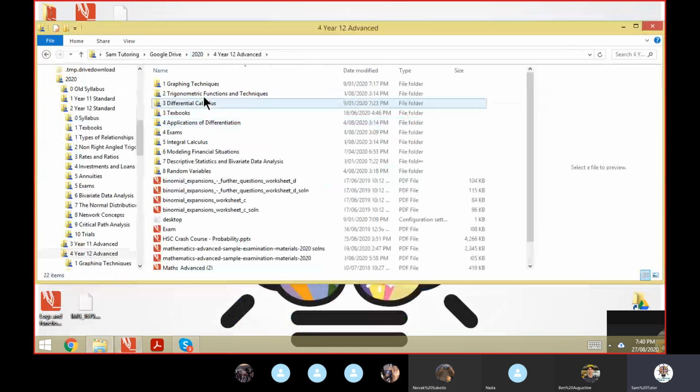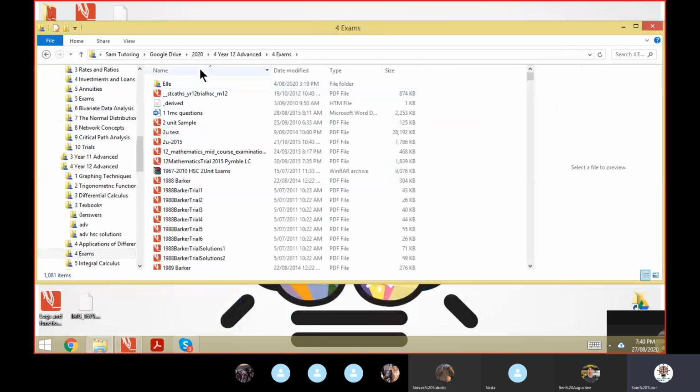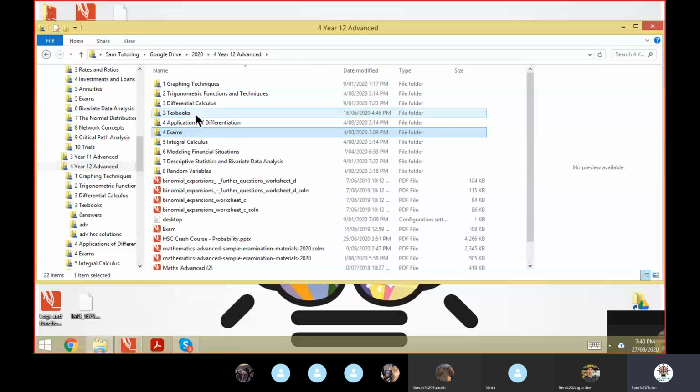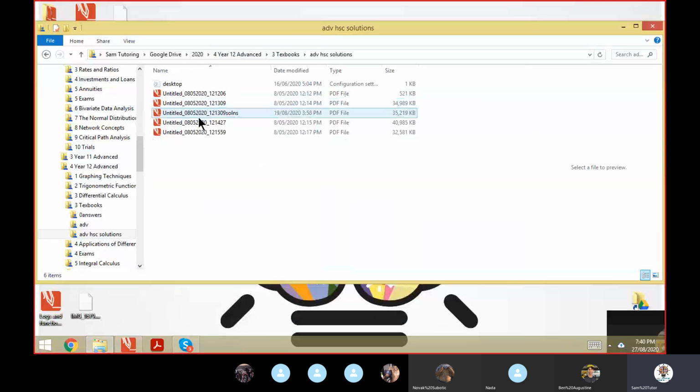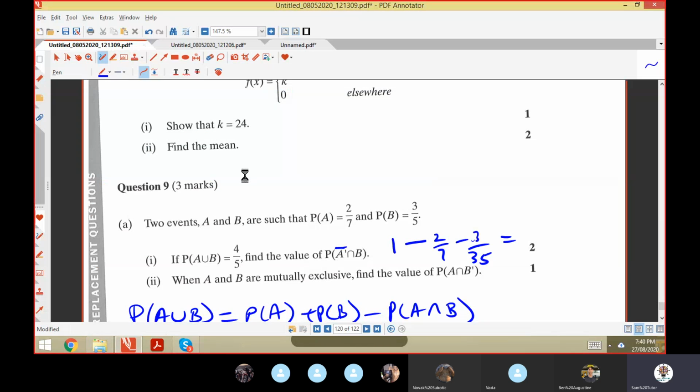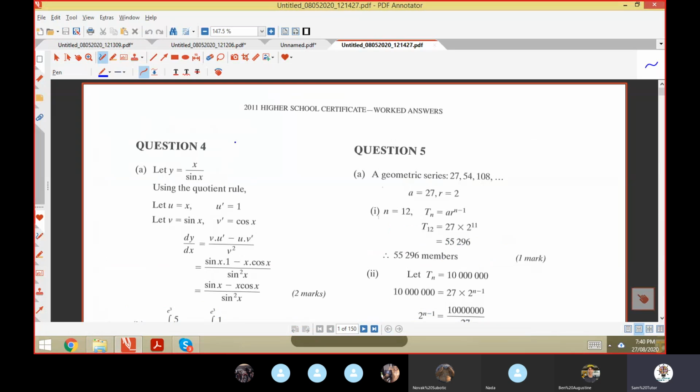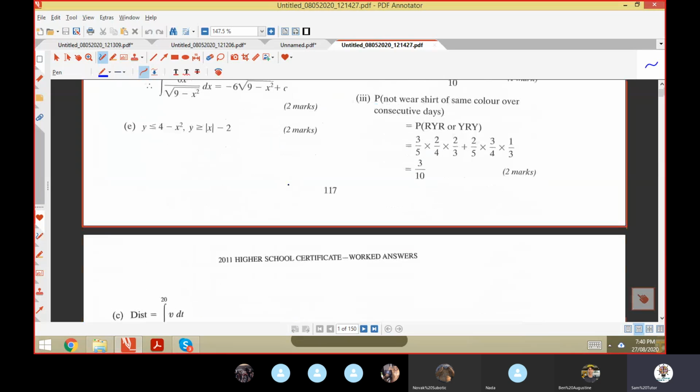Year 12 advanced exam. I would do the same thing as Sam: draw the diagram for help, and then you can fill it in from the textbook. Question 9, we're looking for number 22.